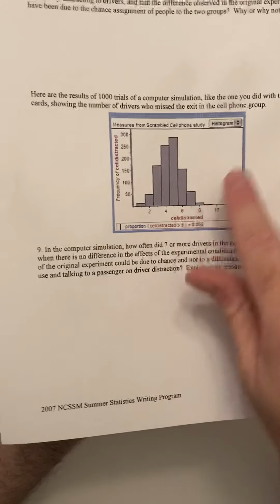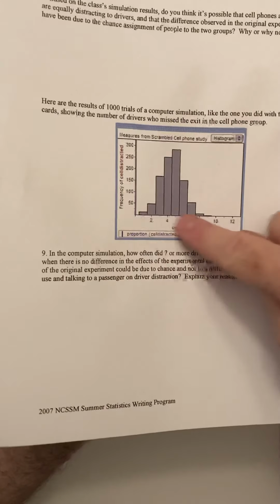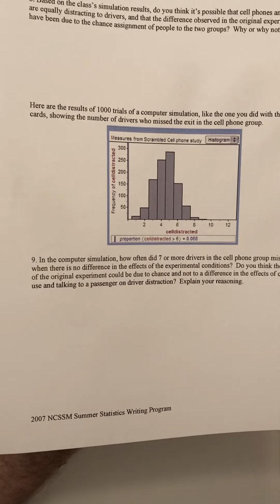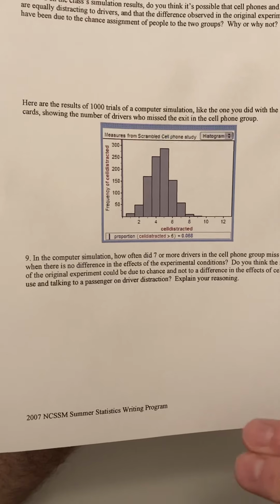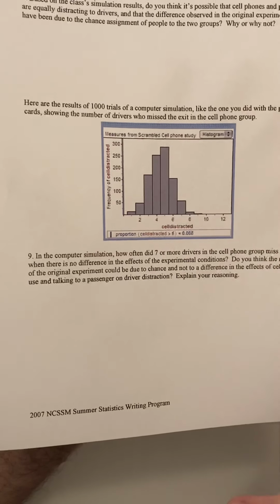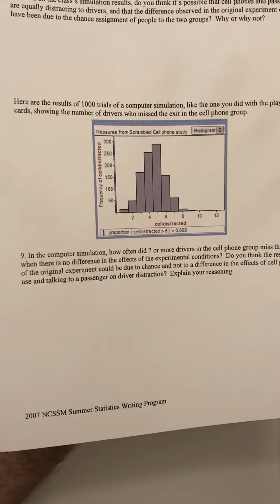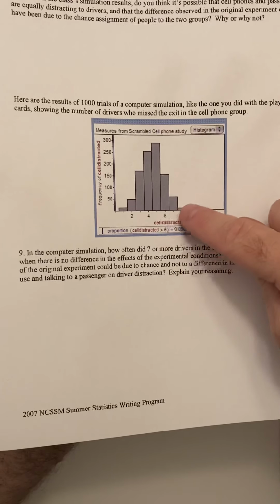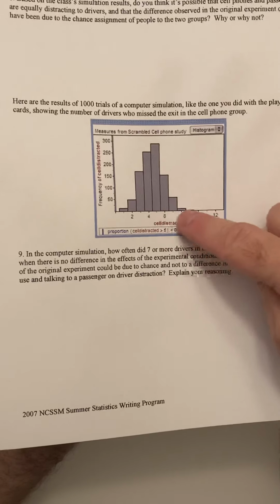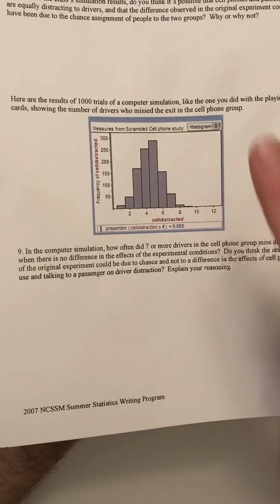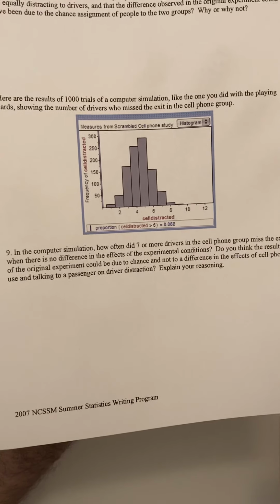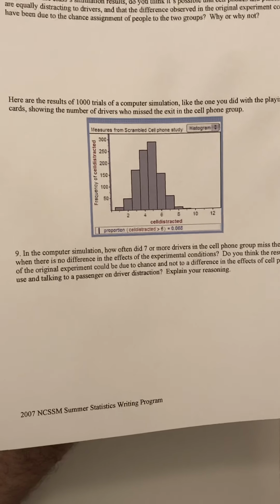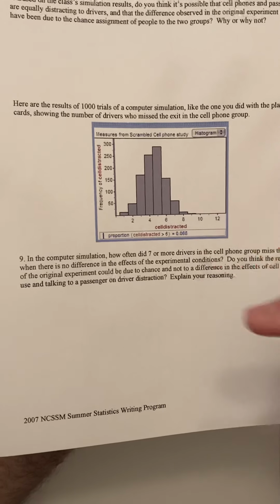So the assumption we were doing this simulation under was that these people were going to miss exits no matter what, whether they were cell phone users or not. But the data seems to suggest, and I'll give you a better understanding later in the course, that 7 or more doesn't happen too frequently under that assumption. So maybe our assumption was false. What would be the alternative? Well, the alternative would be that it wasn't some sort of random thing.